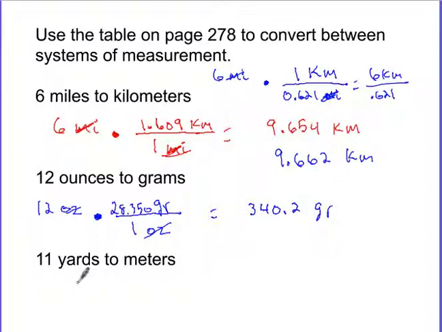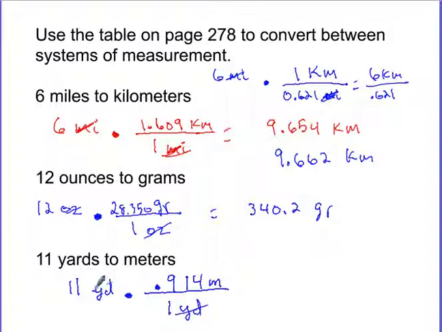Let's take 11 yards and turn it into meters. So we have 11 yards. And what do I want to multiply by? 0.914. Set it up for me. 1 yard on the bottom, and on top it'd be 0.914 meters.